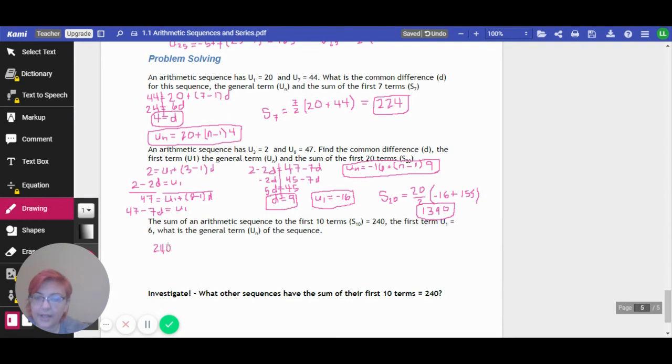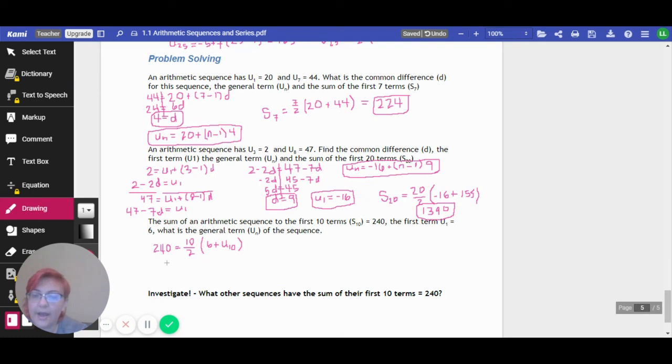And I know that I got that by doing 10 divided by 2 times the first term plus the 10th term. All right, I am going to divide both sides by 10 over 2, or by 5.